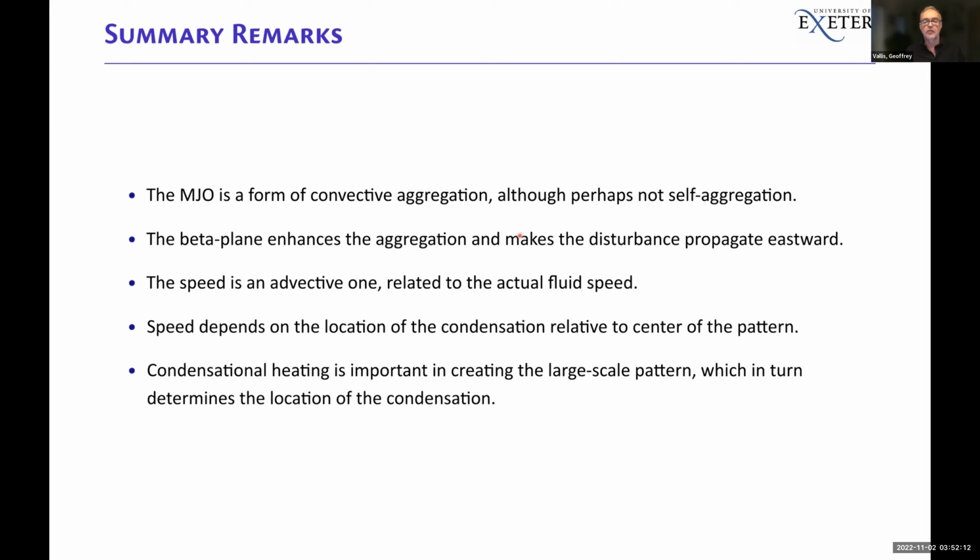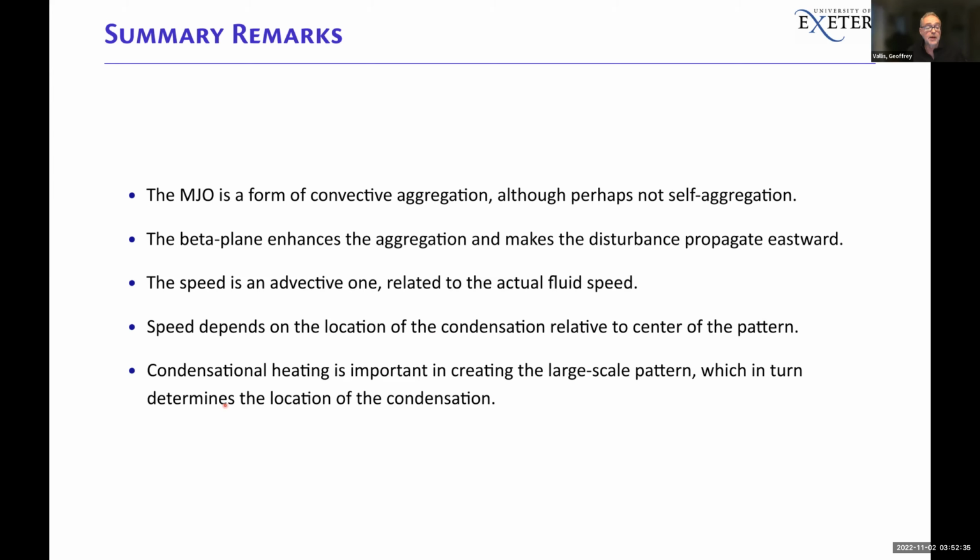It enhances the aggregation, makes it occur at the equator, and makes the disturbance propagate eastward. Its speed is an advective one related to the actual fluid speed, not a gravity wave speed. And it depends upon the location of the condensation relative to the center of the pattern.